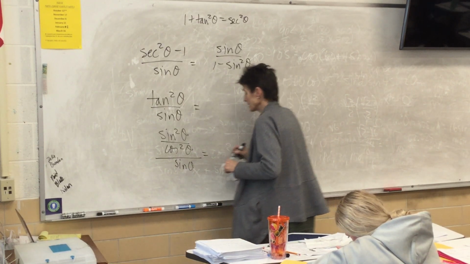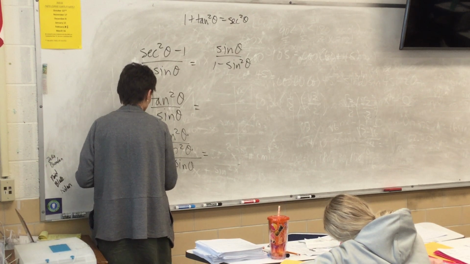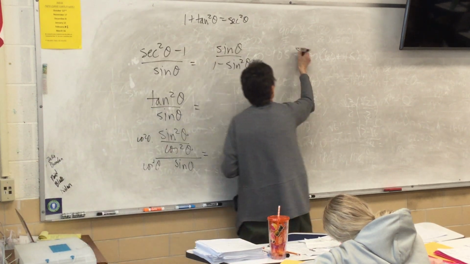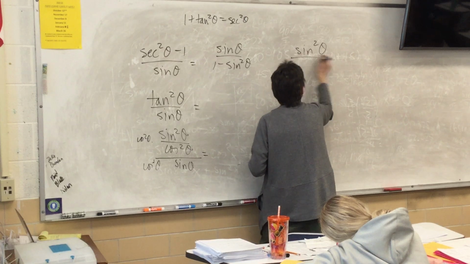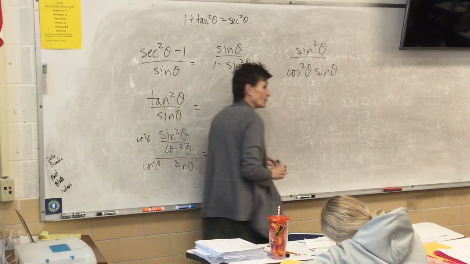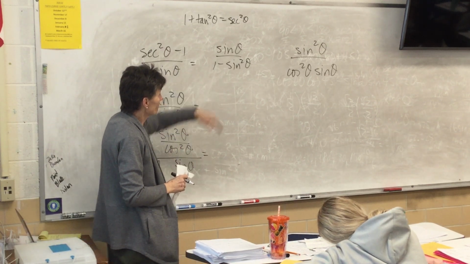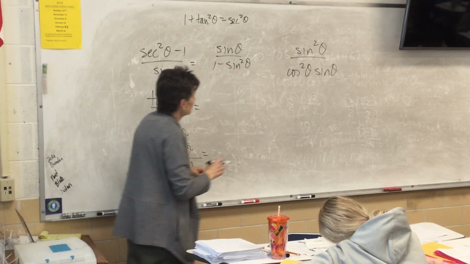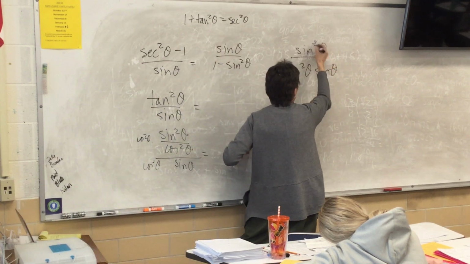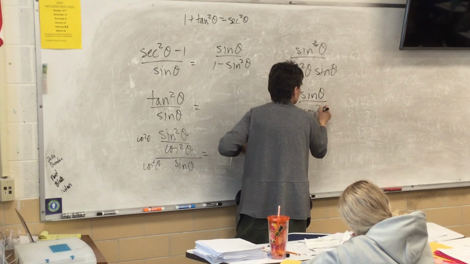Which is a complex fraction. So multiplying top and bottom by cosine squared, I get sine squared over cosine squared sine. So that's where I am right now. That's where I want to be. I can cancel this out, right? So now I have my sine, but it's over cosine squared.